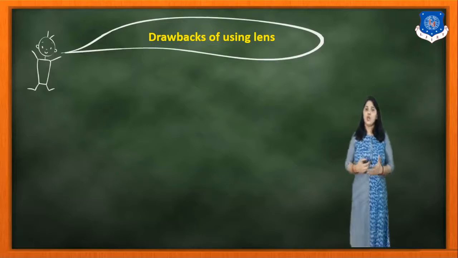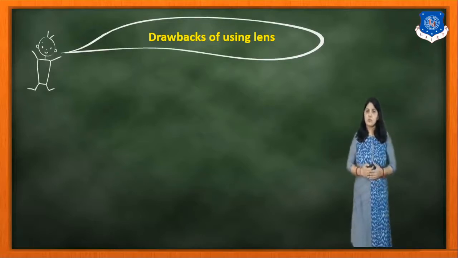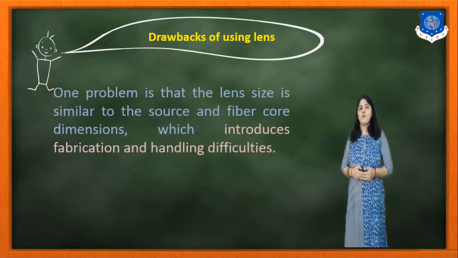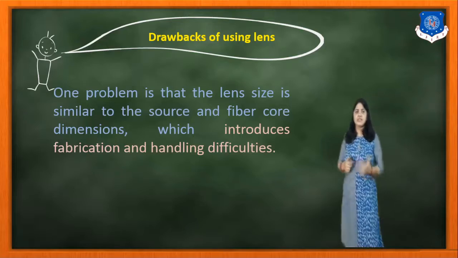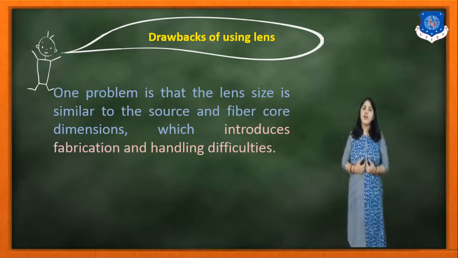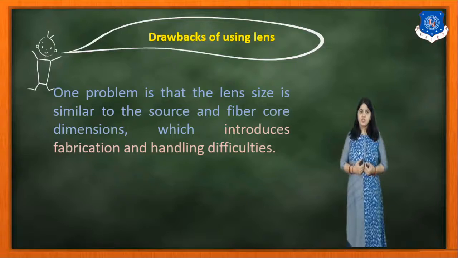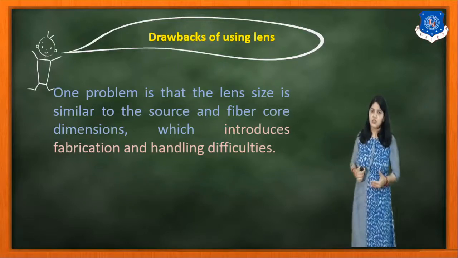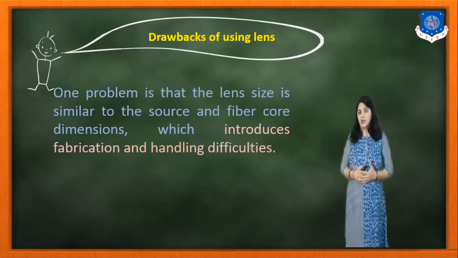Now there are some drawbacks of using such lensing schemes. The first problem is that the lens size is similar to the source and the fiber core dimensions, which introduces fabrication and handling difficulty.